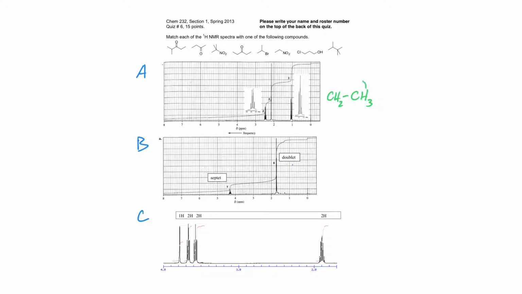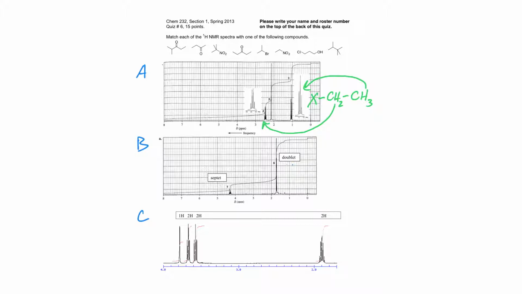So these 3 hydrogens correspond to that triplet. And then these 2 hydrogens correspond to that quartet because they are attached to 3 other hydrogens. And we know that this is attached to some X group that does not have any hydrogens attached.